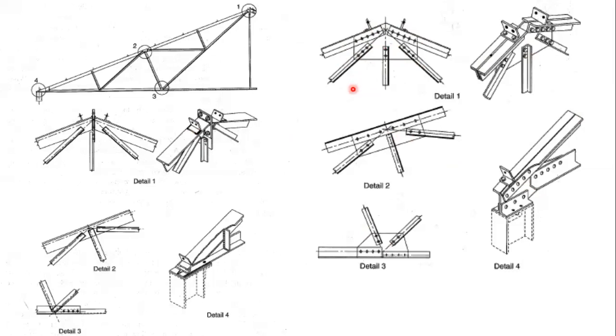If you observe in this case, you can see the lines passing through the centroid of these angle sections. They are shown intersecting at one point over here. All these lines which are connecting come and intersect at this point. So it indicates that we are meeting the concurrent force system. The requirement of a concurrent force system is that the lines of action of all forces intersect at one point.